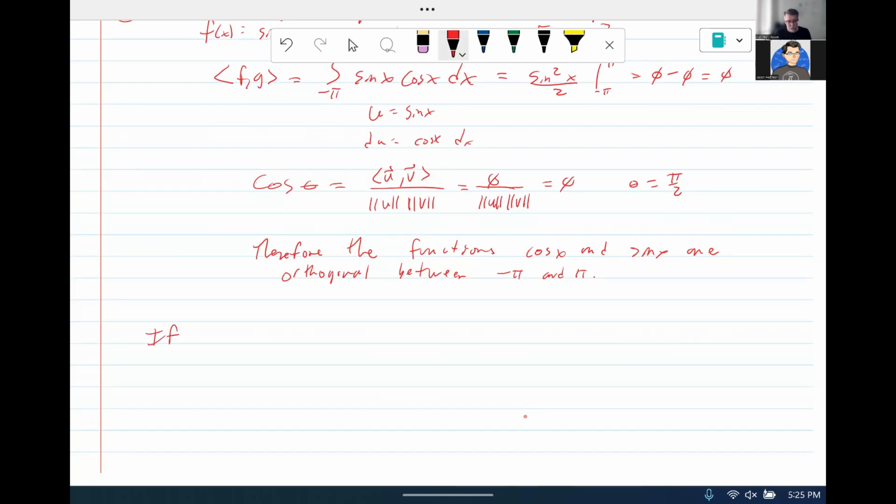Let's change gears now and see what would happen if we introduced complex numbers.